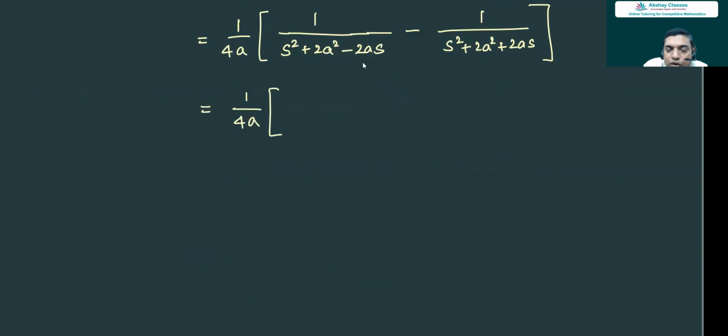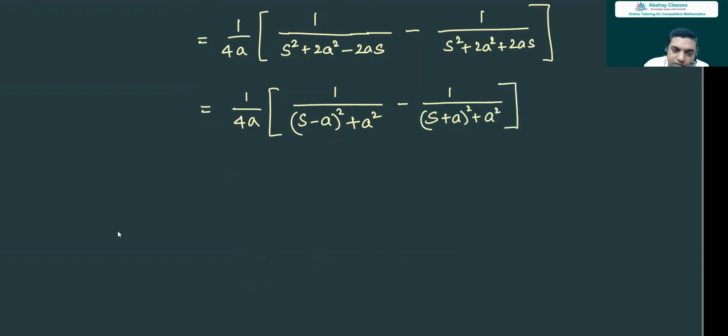Now I'll remove 1a square aside. I have s square plus a square minus 2as, that will be s minus a the whole square plus a square. Now this I have got into one of the standard forms. Minus, then 1 upon s plus a the whole square plus a square.